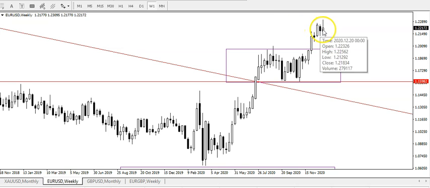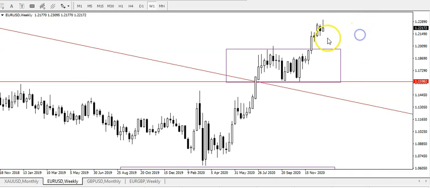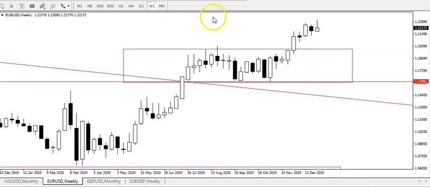What I feel may happen here is price could have broken out, and it may want to come back to retest this level. So what I'm looking at is around the 1.2 level. It might come down, retest it before going higher. What is interesting on top of that is that over Christmas, price gave me a nice inside bar, and this could potentially be a false break pin bar.